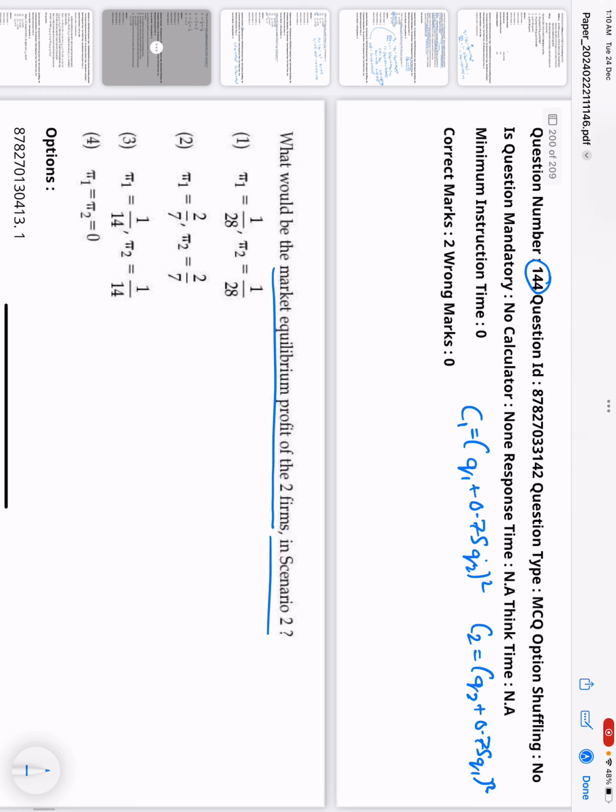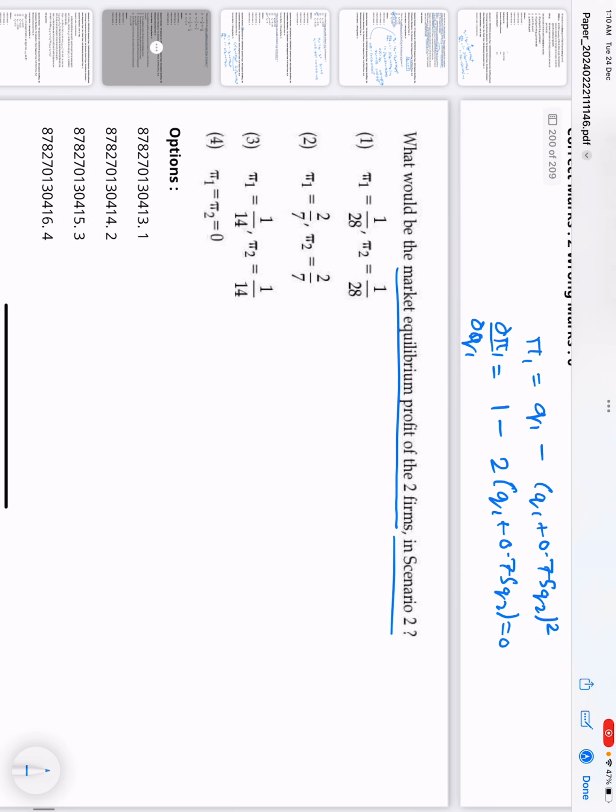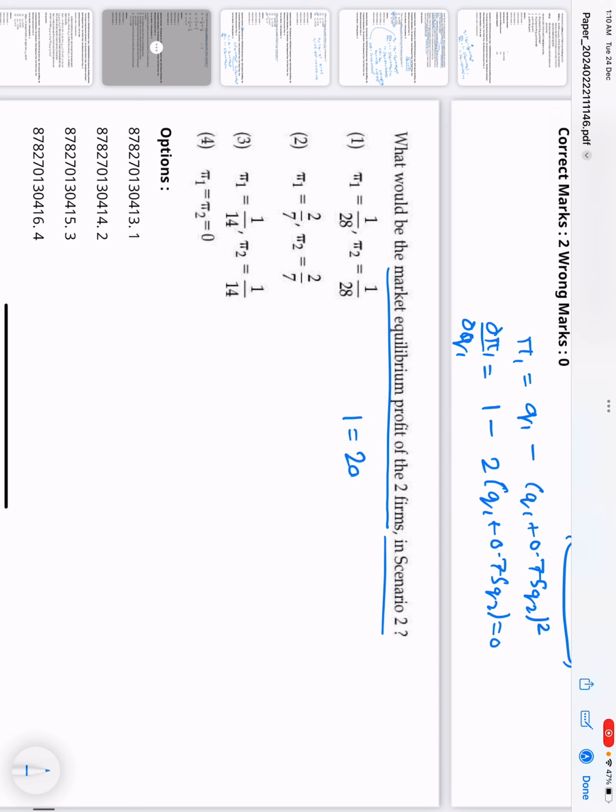Now the profit level should be the same for both these firms, right? And the first order condition, profit of first firm would be Q1 minus (Q1 plus 0.75 Q2) whole square. So if you do the first order differentiation, we'll get 1 minus 2 times (Q1 plus 0.75 Q2) equals 0. So this condition gives us 1 equals 2 Q1 plus 1.5 Q2.